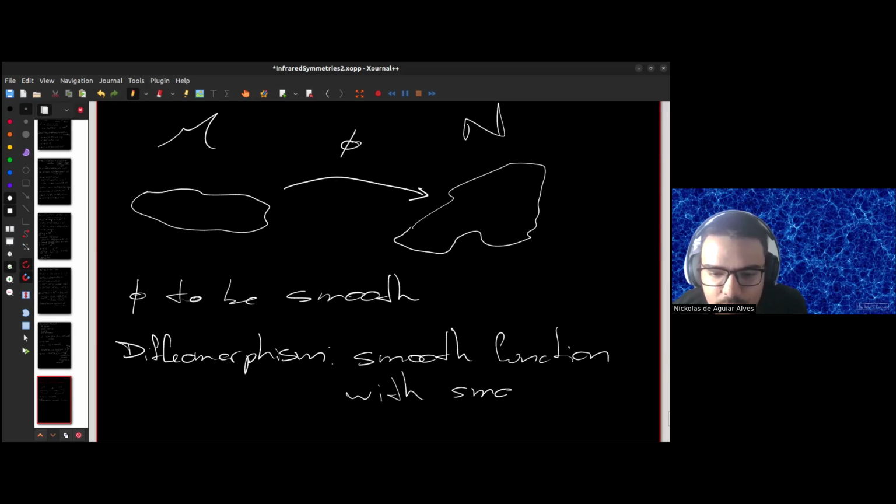with smooth inverse. It is possible for a smooth function to not have a smooth inverse.